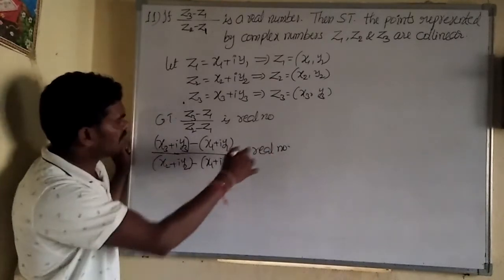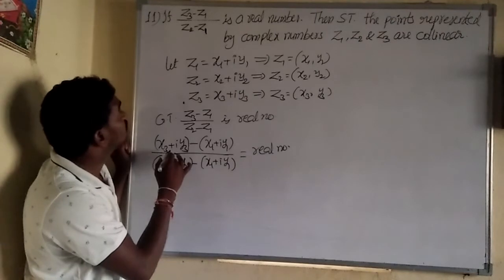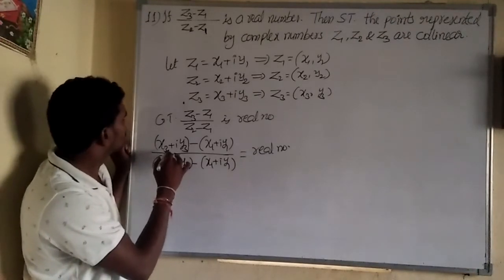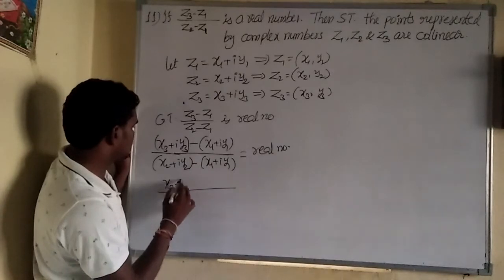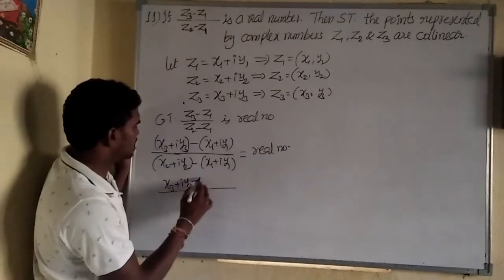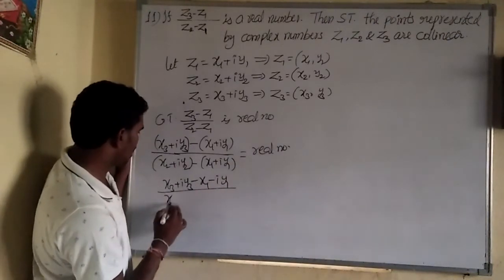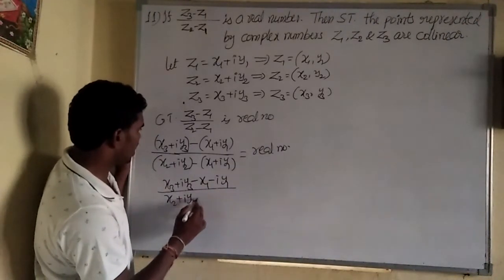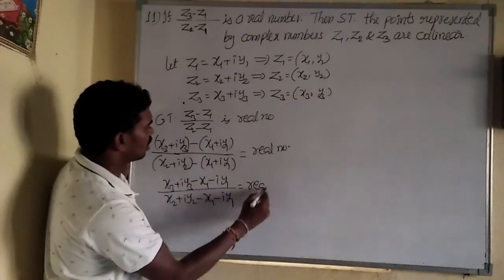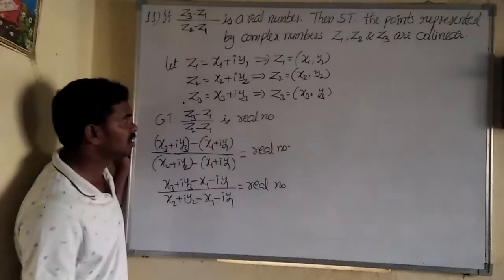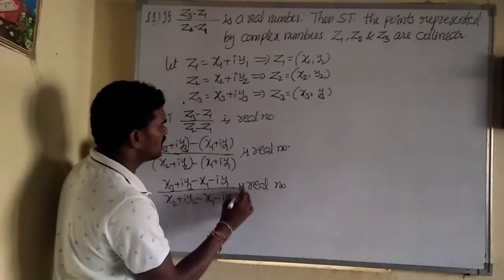So in the starting, I'm writing x3 plus iy3 minus x1 minus iy1, by x2 plus iy2 minus x1 minus iy1, is a real number.